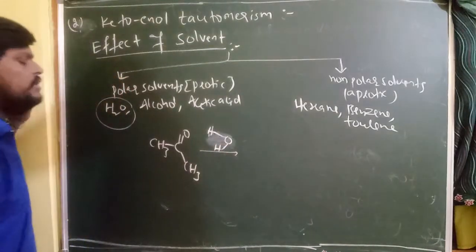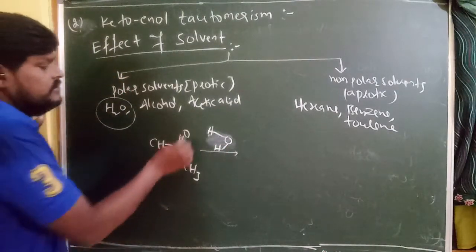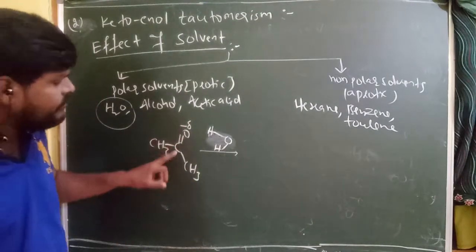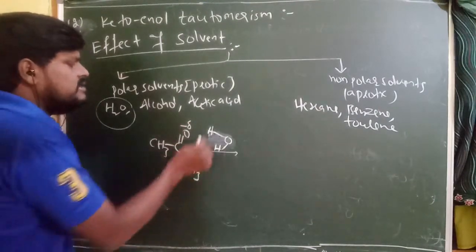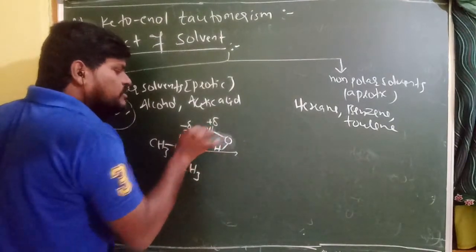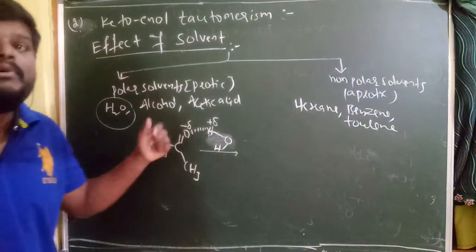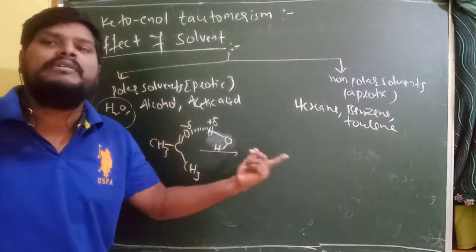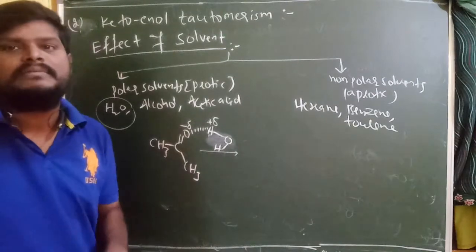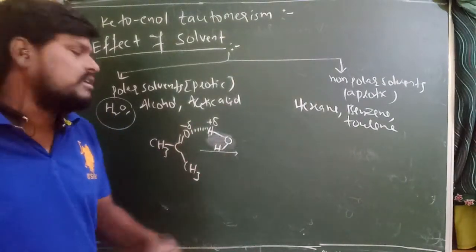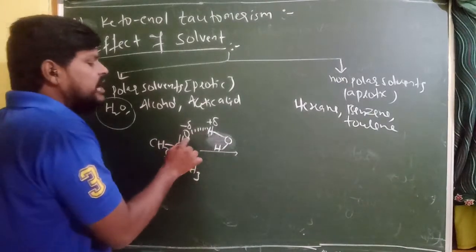So initially, this electronegative atom of the carbonyl compound and this electropositive atom of H2O form hydrogen bonding. This is called intermolecular hydrogen bonding, not intramolecular hydrogen bonding. Within the molecule is called intra. Between the molecules is called intermolecular hydrogen bonding.